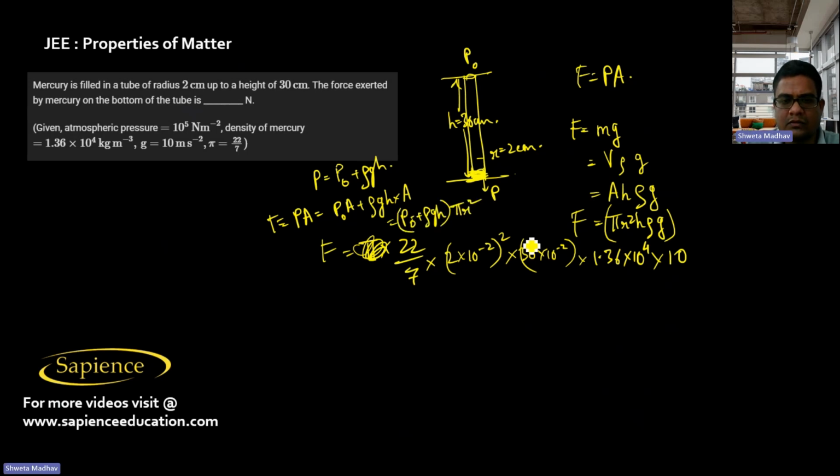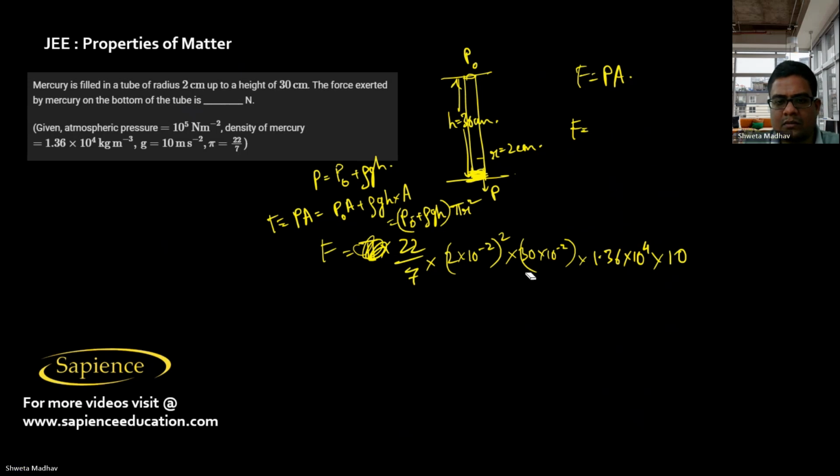So that we have to find out. So this is actually wrong. Here we have to do the force that will be equal to P naught plus rho gH into A. This pi r square. So P naught is 10 power 5 plus rho gH into area, that is pi r square.